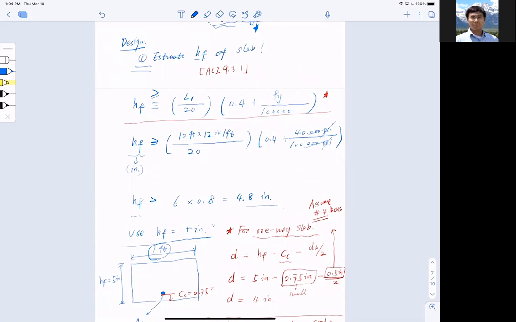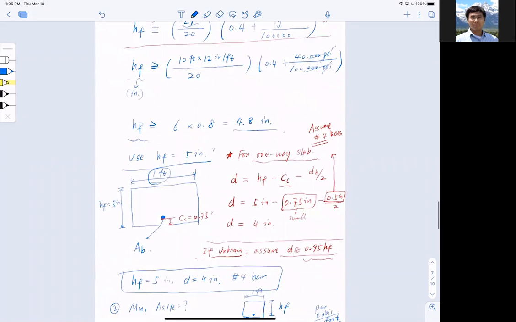You have to satisfy this equation, where L1 is the span length along the bending direction, and provide a height bigger than or equal to this number. So we select 5 inches.